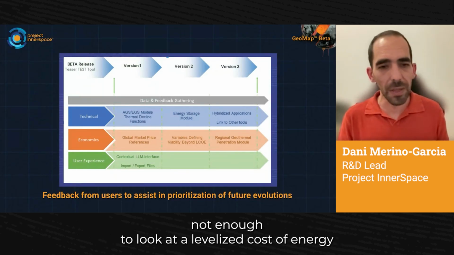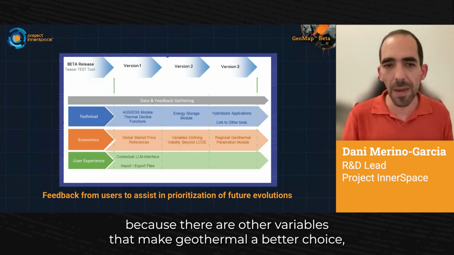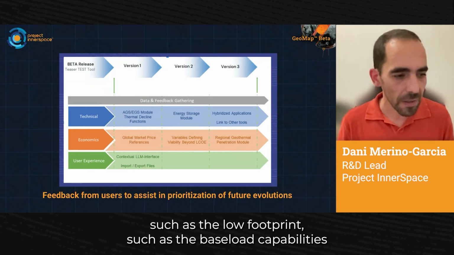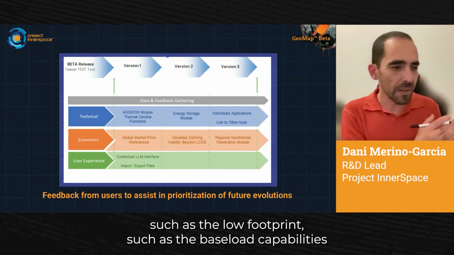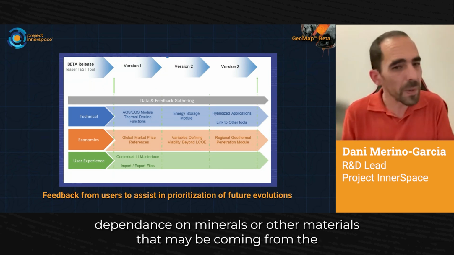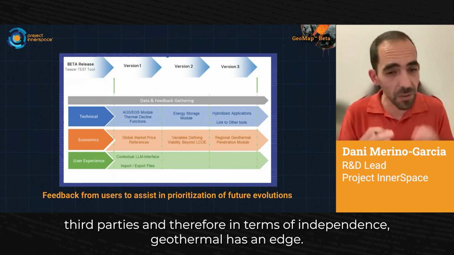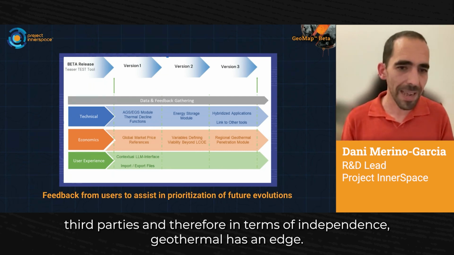It's not enough to look at a levelized cost of energy, because there are other variables that make geothermal a better choice, such as the low footprint, such as the base load capabilities that it has, such as the low dependence on minerals or other materials that may be coming from a third party. So in terms of independence, geothermal has an edge.